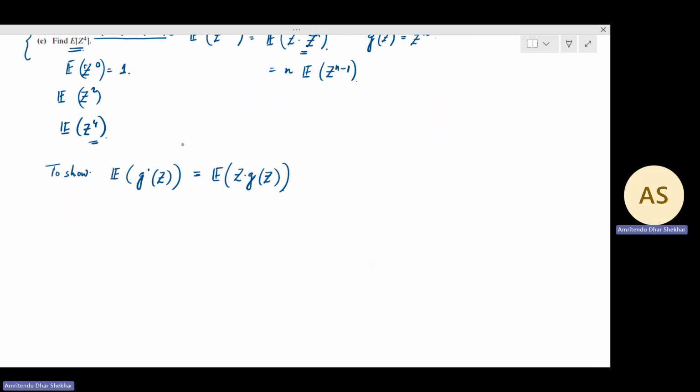Let's look at this side, which is the integral of g prime of z times e to the power minus z squared by 2. I'm going to ignore the 1 by root 2 pi term because that is simply not going to matter over here.